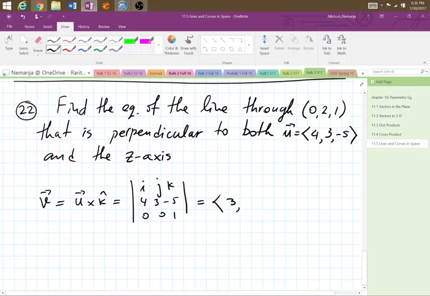Yeah? I'm stuck in the last part of the problem. I'll be right there. Let me just write it down. Did you ensure you did get everything? No. I skipped all the steps.